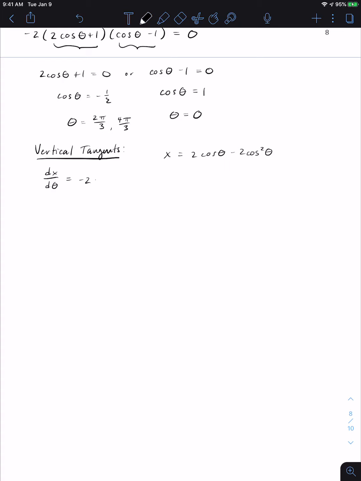So I get minus 2 sine of theta, and then here I'm going to need to use the chain rule, because it's like u squared. So I pull the power down, I get minus 4, leave cosine theta alone, and then what's the derivative of cosine? Negative sine theta. All right, so this derivative ends up being minus 2 sine theta plus 4 cosine theta sine theta.